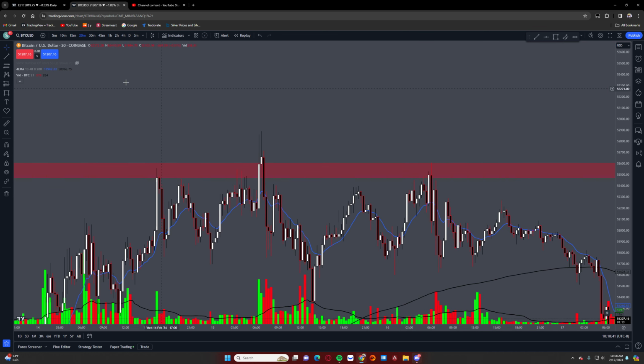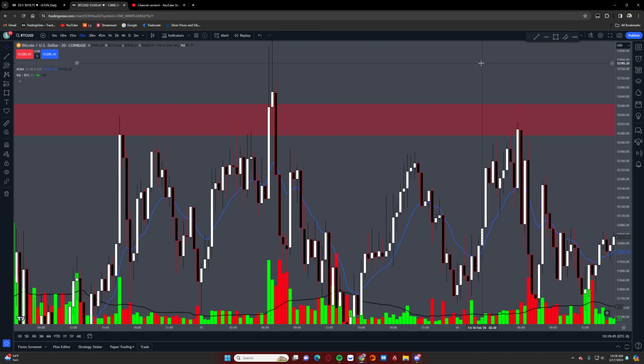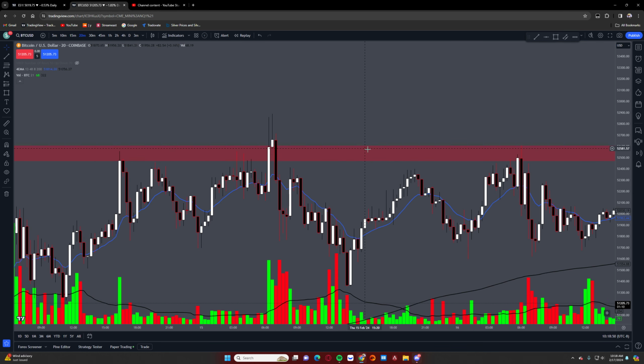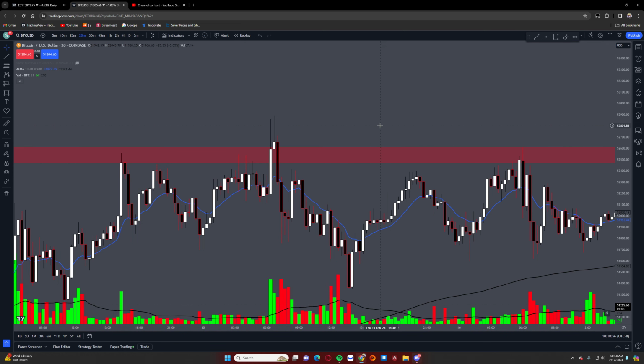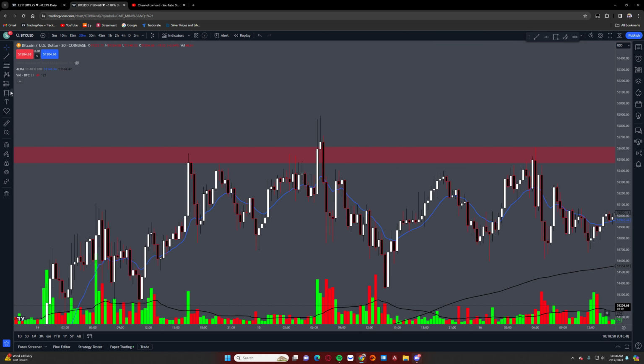Now this is a bigger zone because I'm on a bigger time frame. You can see we're on the 20-minute time frame, and I am just trying to capture as many wicks as possible. If I were to stretch it out all the way over here, this would be a long shot, to be honest. That is a little bit too much in my opinion. Yes, it could work. Yes, it could be true. Yes, you could do a zone like this, right?